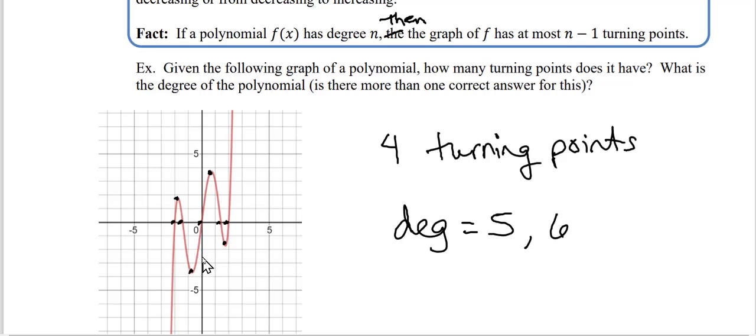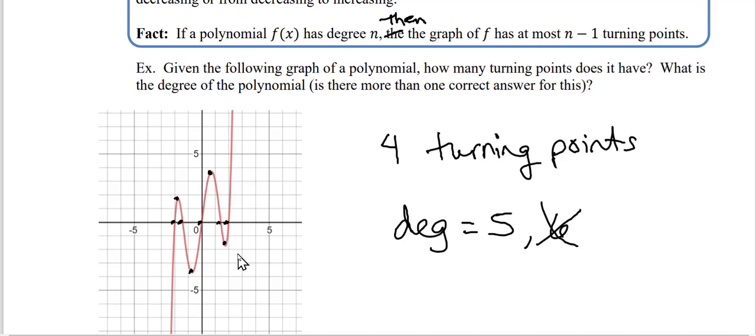You could have some imaginary ones in there, but in this case, with these 5 real zeros, one of them would have to have multiplicity 2. But none of these have multiplicity 2 because they all cross.